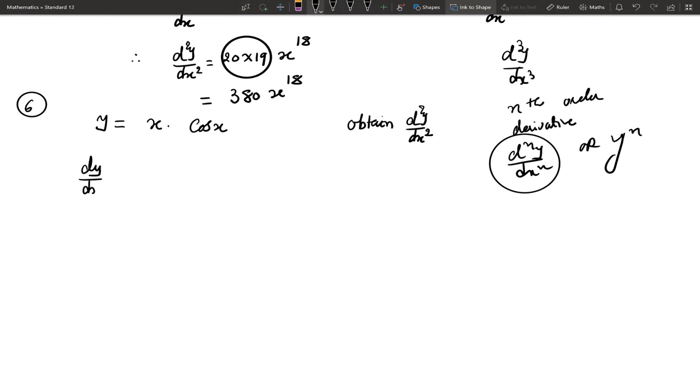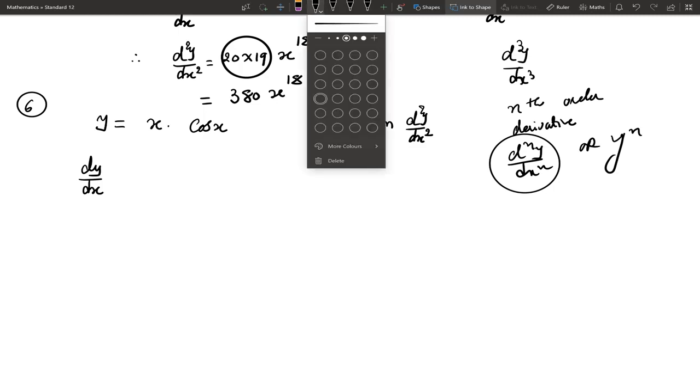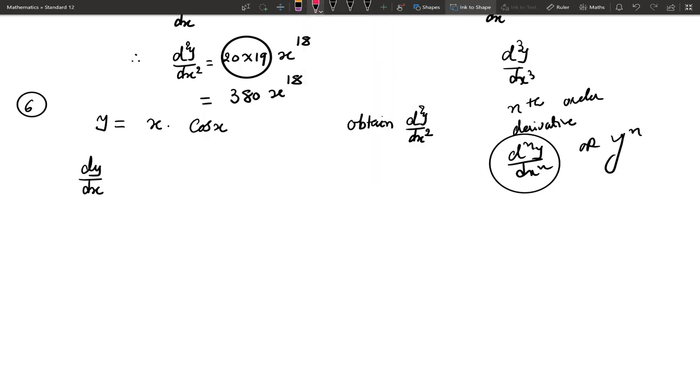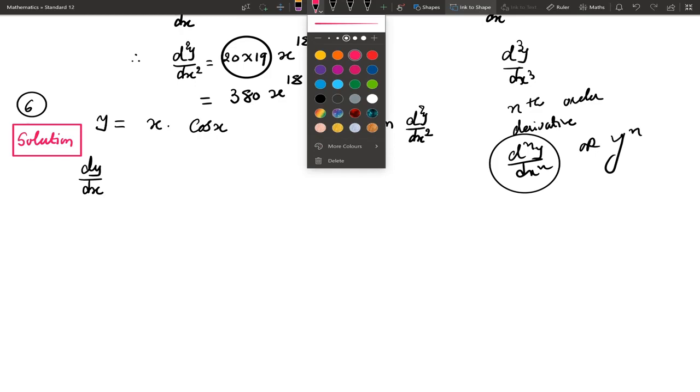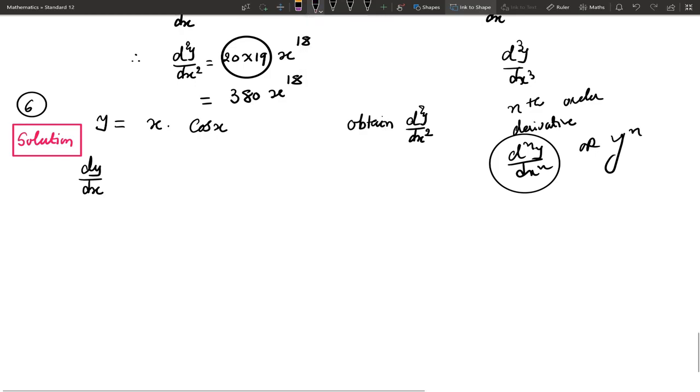So first dy by dx. When we evaluate dy by dx, we have to use product rule, u into v, first into derivative of second plus second into derivative of first.